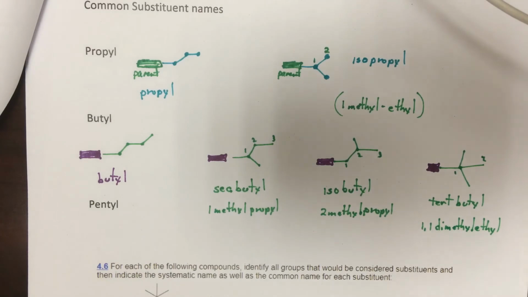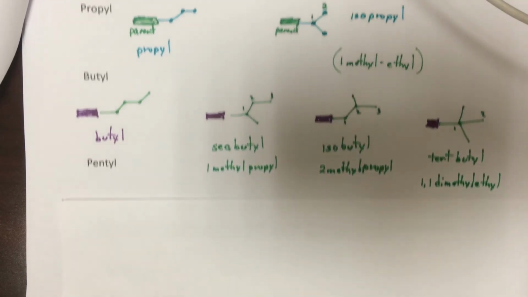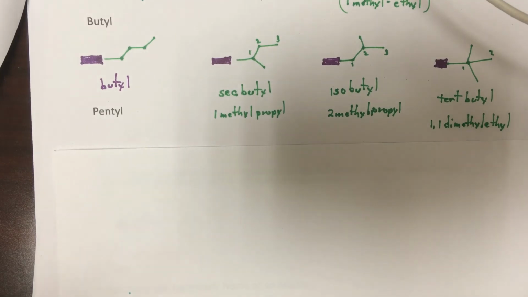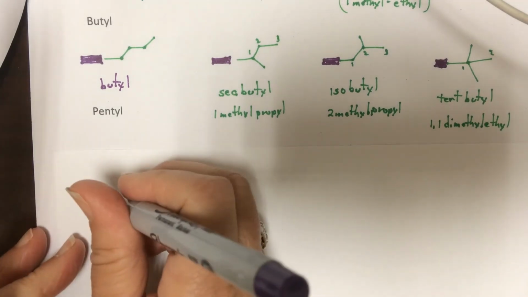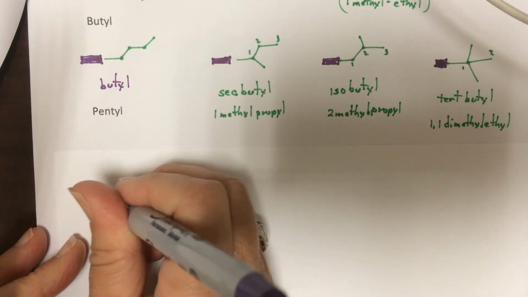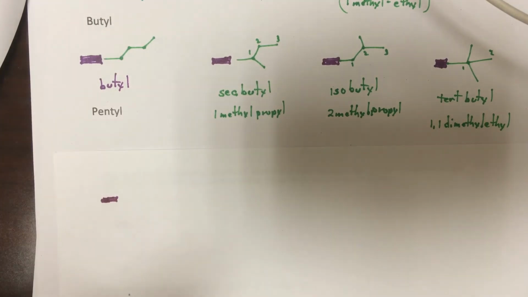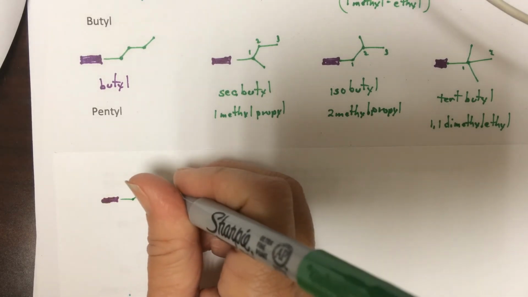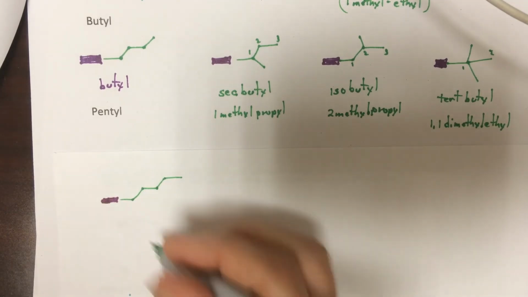Okay. I didn't leave myself enough room to talk about pentyl. And we're not going to draw all the possibilities for a pentyl. Pentyls, of course, have 5 carbons in their branches, and so they can be just a straight 1, 2, 3, 4, 5 pentyl.